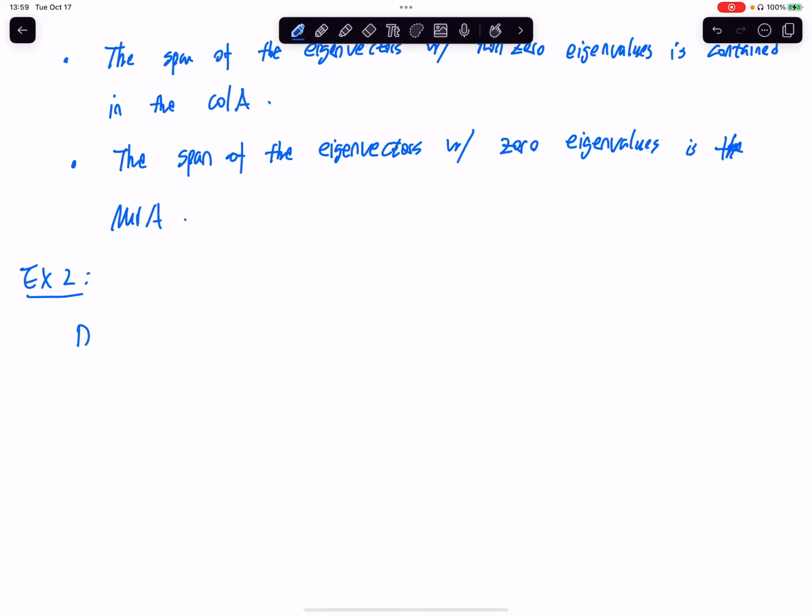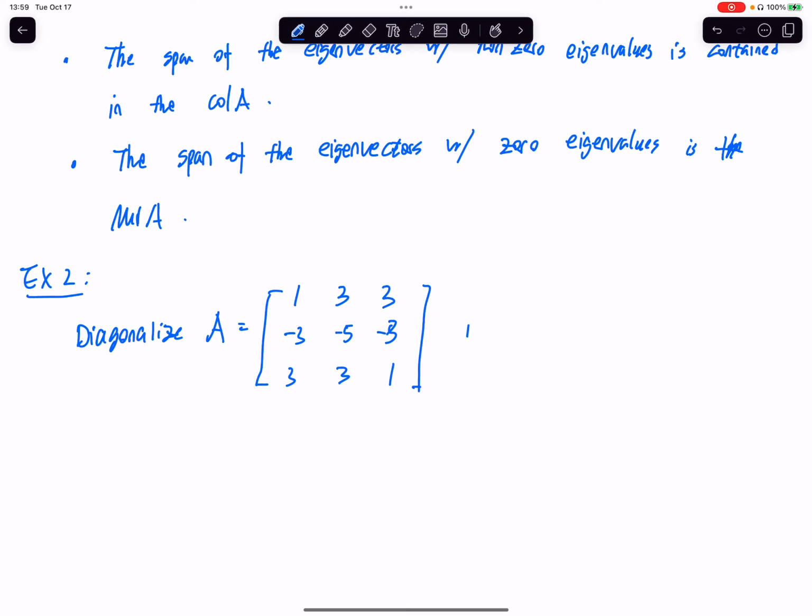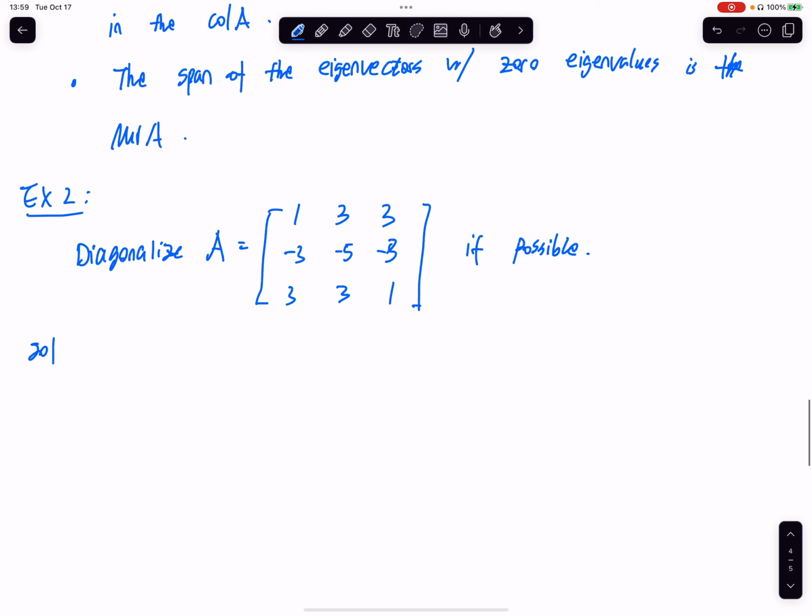We want to diagonalize A equals [1, 3, 3; -3, -5, -3; 3, 3, 1], if possible. So yes, we need to check the diagonalizability. Solution.